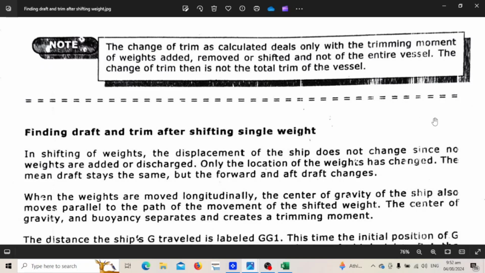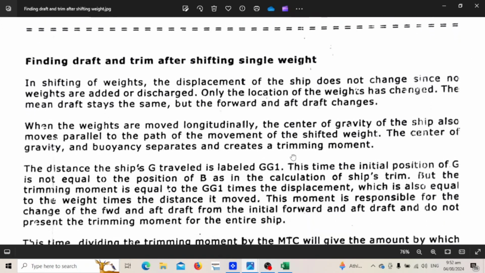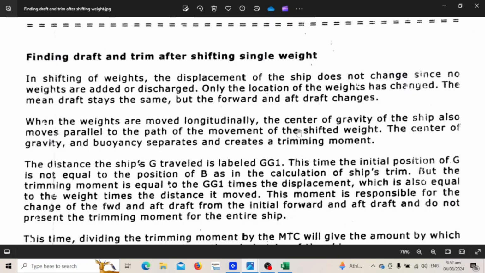Now, finding draft and trim after shifting of weights. In shifting of weights, the displacement of the ship does not change since no weights are added or discharged. Only the location of weights has changed, meaning you are only shifting your cargoes. The mean draft stays the same, but the forward and aft drafts change.